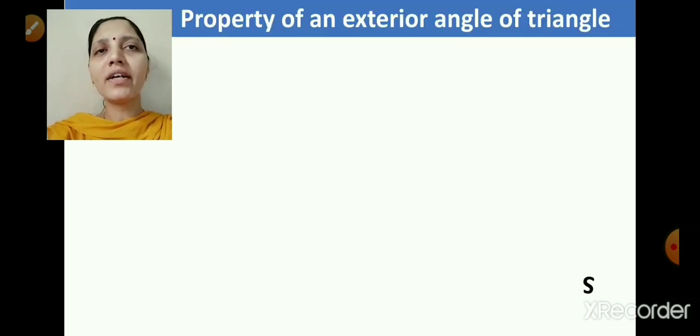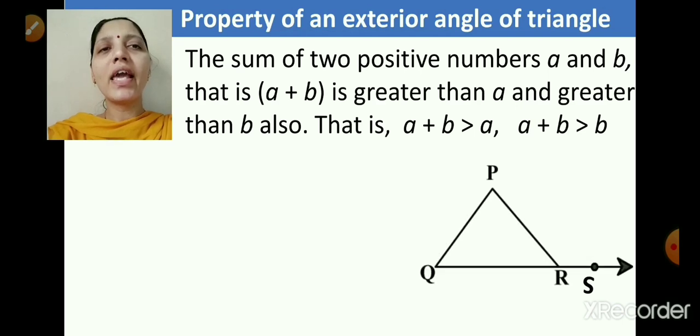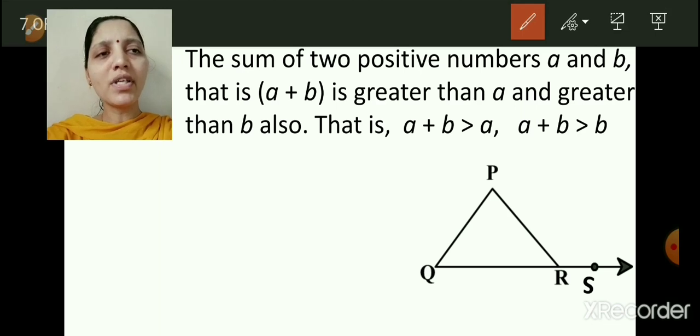Now let's understand the property of exterior angles of a triangle. What does the property say? The sum of two positive numbers a and b, that is a plus b, is greater than a and greater than b also. So what is this statement? Suppose you consider angle PRS as the exterior angle, and angle P and angle Q are the remote interior angles.